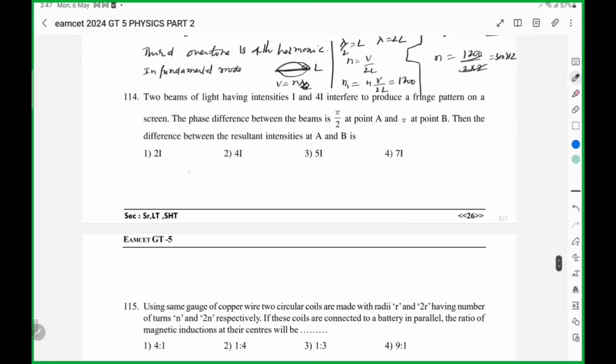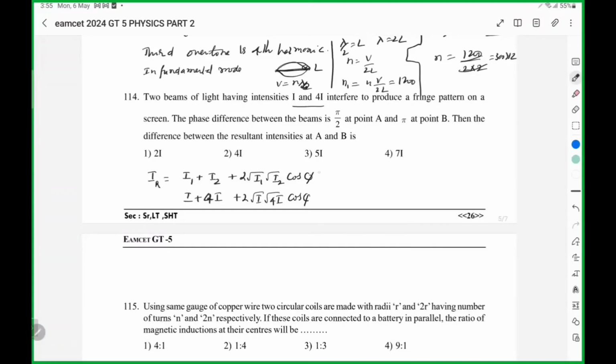So the phase of two beams of light having intensities produces a fringe pattern. The resultant intensity of these two waves is I1 plus I2 plus 2 root I1 root I2 cos phi. We are given I1 as I, I2 as 4I, so root I root 4I cos phi.